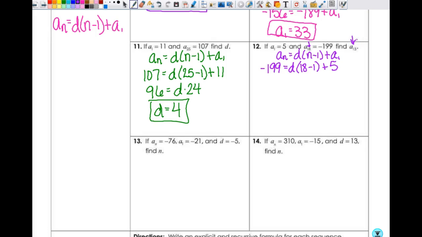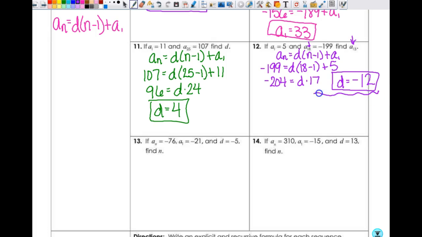And then once I have that, can I go find the other? Yes. So we got to find the difference. So I'm going to subtract 5 from both sides. That'll give me negative 204. That's equal to d times 17. So then d is going to equal what? Negative 12, right?